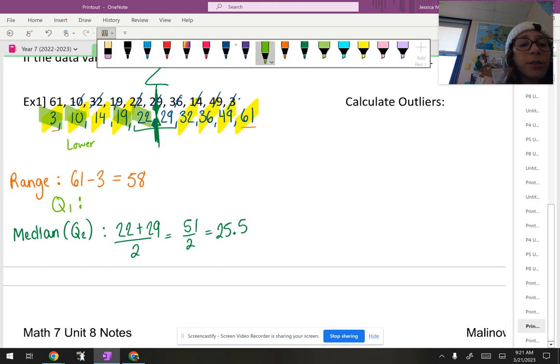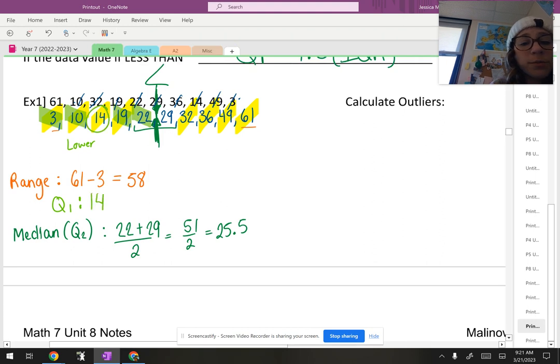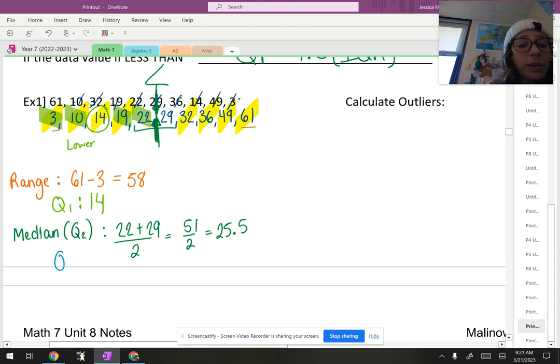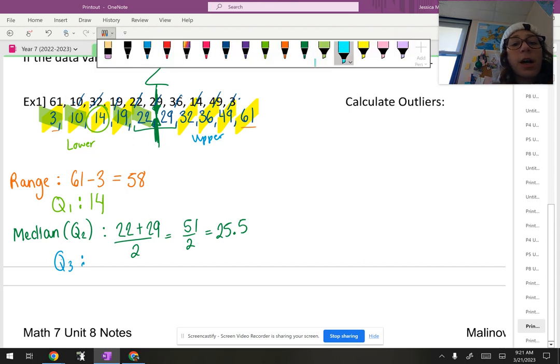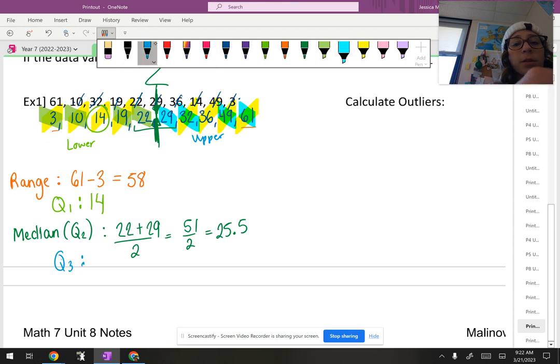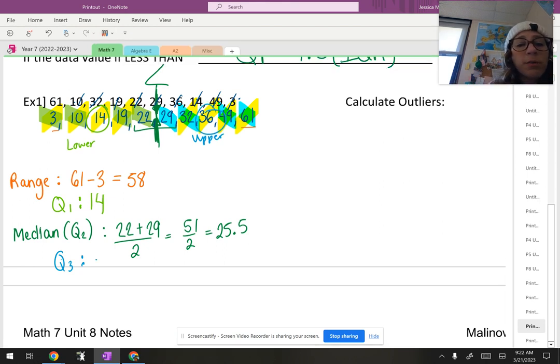I have a Q1 of 14. And then on the flip side, I'm going to do the same thing to find Q3. I'm just going to use the upper half instead of the lower half. And again, I'm going to switch colors in my highlighter because pretty colors make me happy, leaving me with a Q3 of 36.